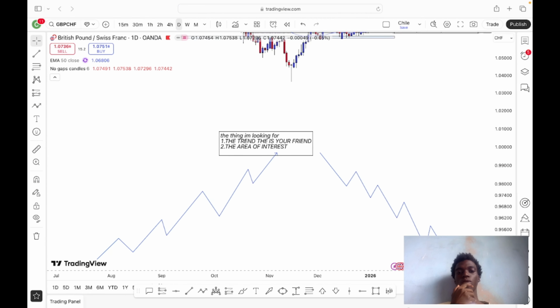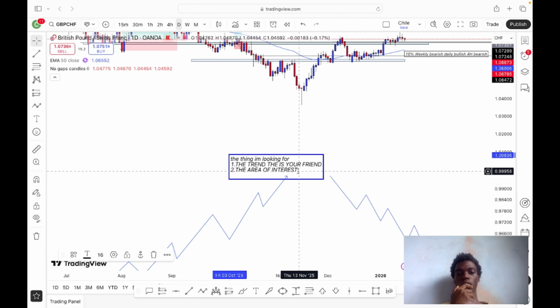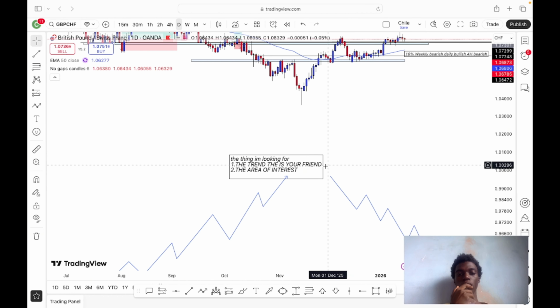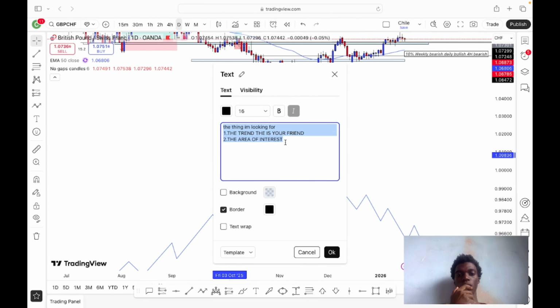So when I look for the trends, the third thing I'm looking for is a shift of structure.